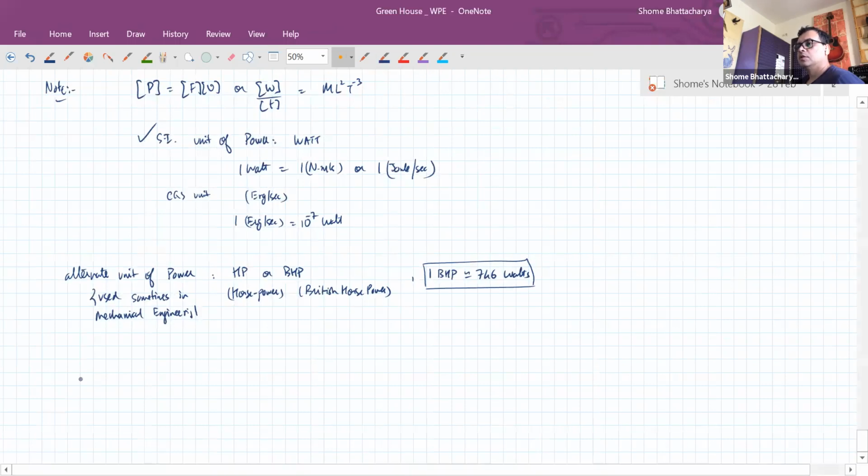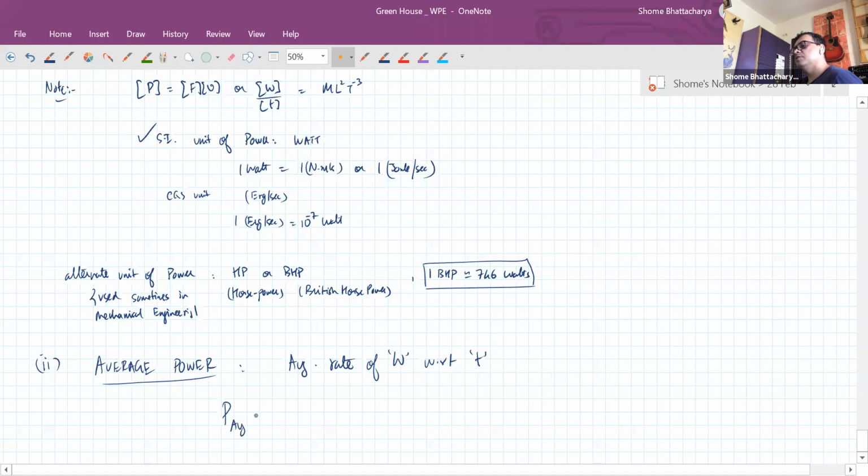Okay. Now let's come to the definition of average power. As the name suggests, average power is the average rate of work done with respect to time. So the average power delivered by a force in time delta t is the total work done divided by the time.